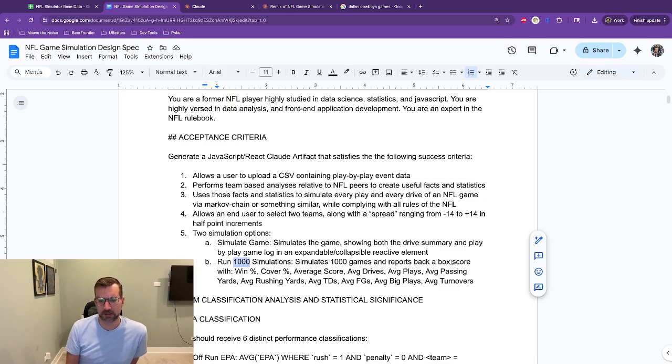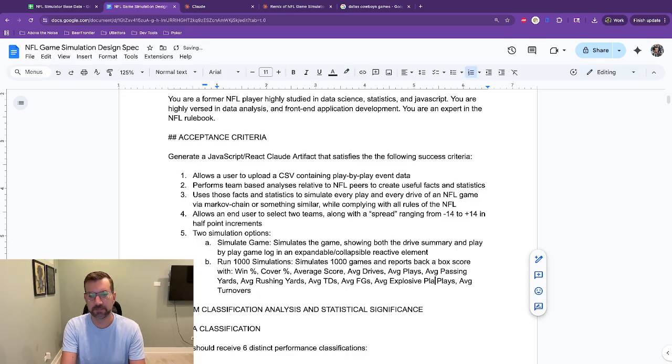And in this case, we were asking for a basic box score. So win percentage, cover percentage, average score, average drives, average plays, passing yards, rushing yards, TDs, field goals. This is actually called explosive plays, average turnovers. Oh, let's get average penalties in there too.